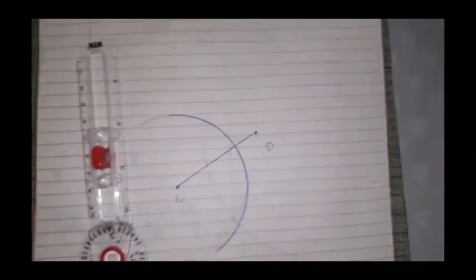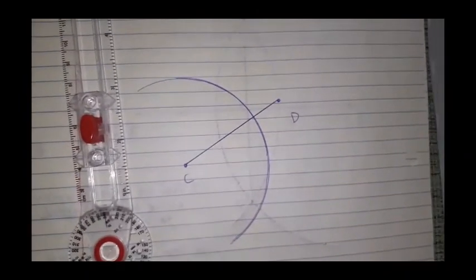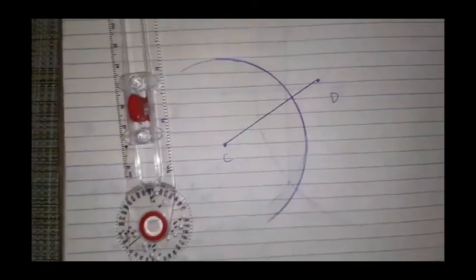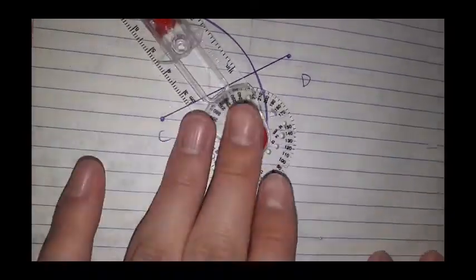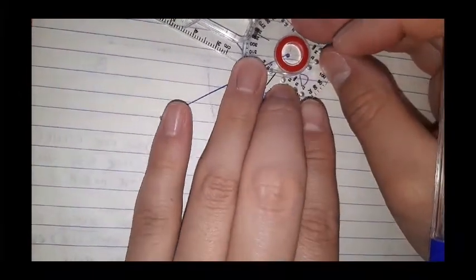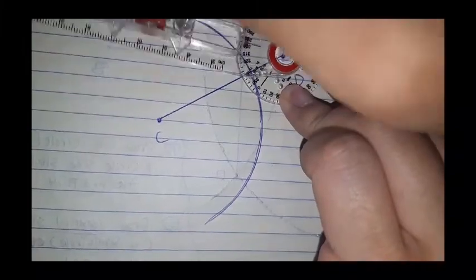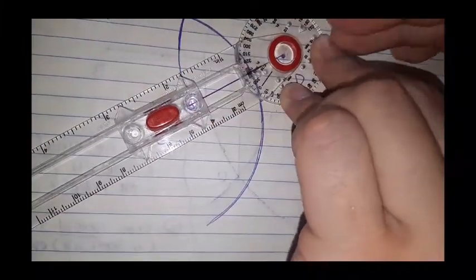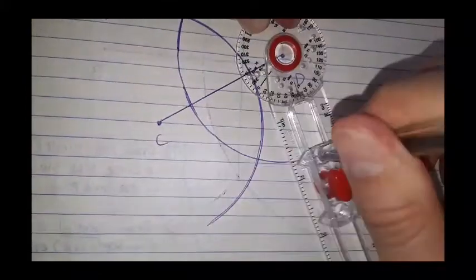Just gonna bring this up a little bit because my hand constantly bumps into the diagram. I don't know how good this will turn out, but in any case. Now, second step, an identical circle, except you have to draw on the opposite end and make sure you're not changing the size of the arm.